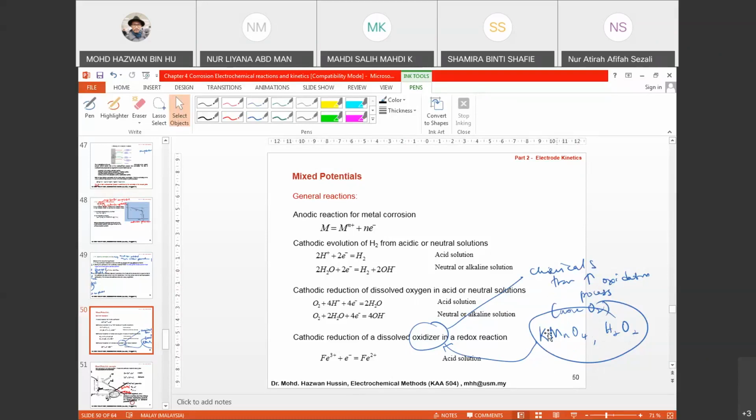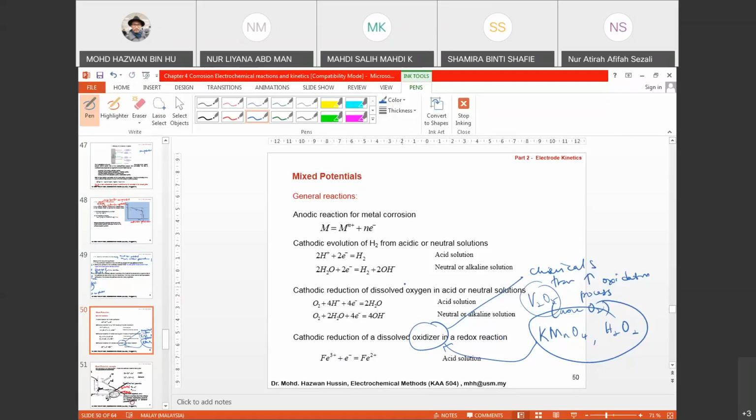You can also have vanadium pentoxide, another chemical very rich in oxygen that can increase the oxidation process. So when you add an oxidizer, Fe2+ will become Fe3+.